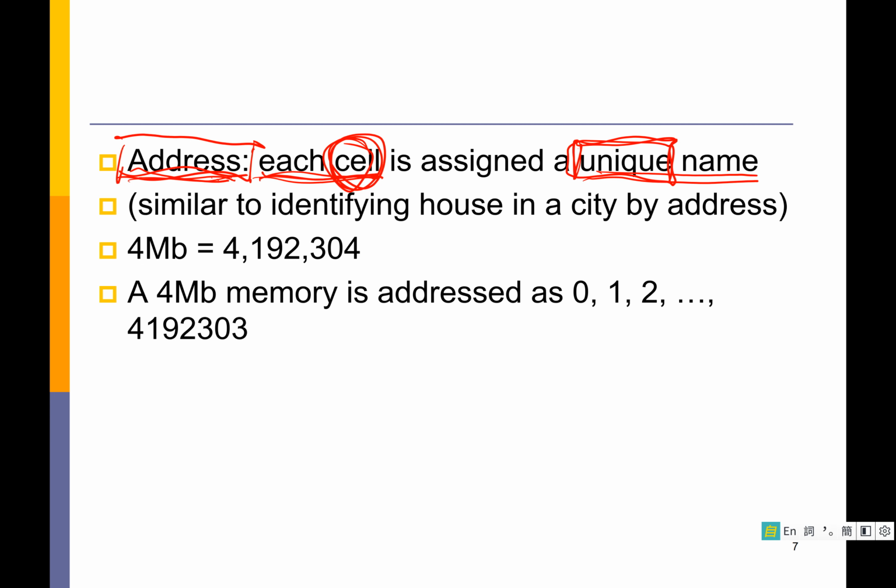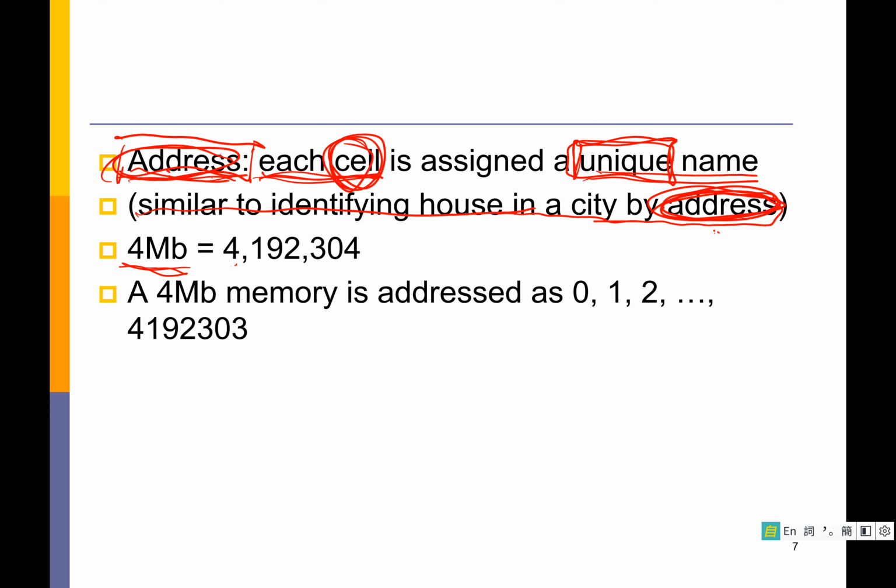It's similar to identifying a house in the city by its address. So a memory address is just like a housing address. Now, what is 4 megabytes?